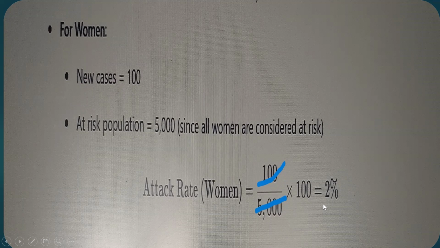So the attack rate among women is 2%. So already 2% of the population of women in that community has been attacked, whereas 3% of men has already been attacked by that disease.